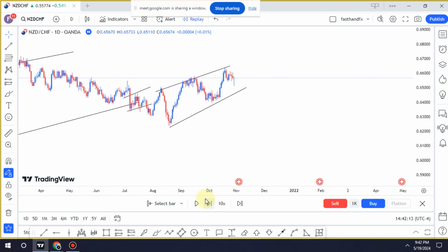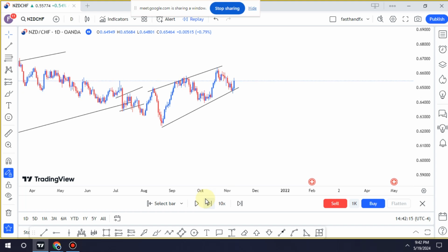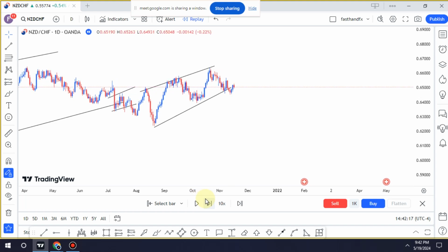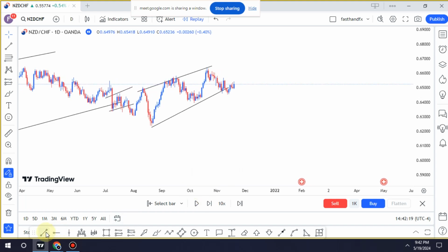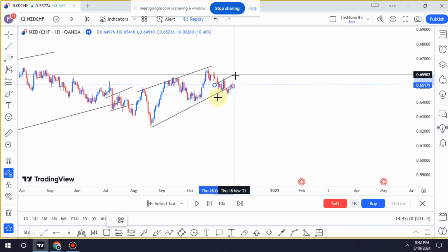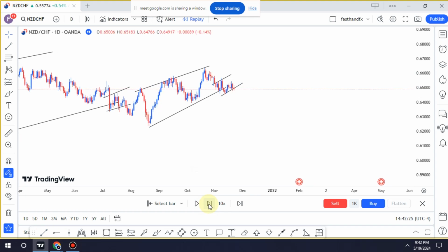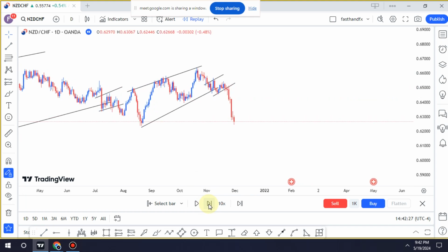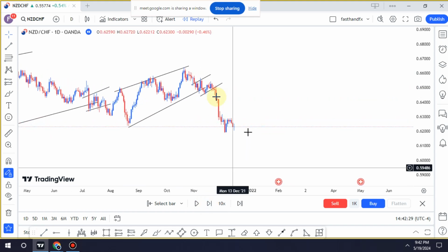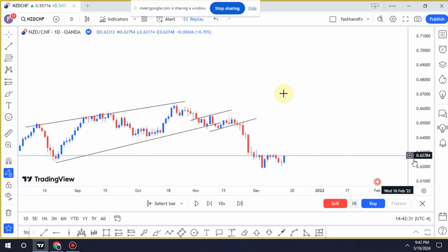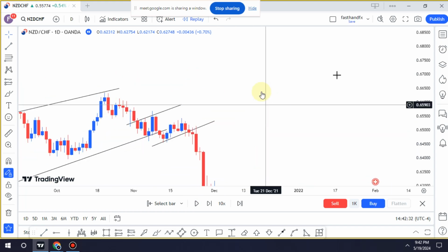All this time we should be waiting for confirmation right there, something like this. If you kind of look at this level, let me try to zoom.